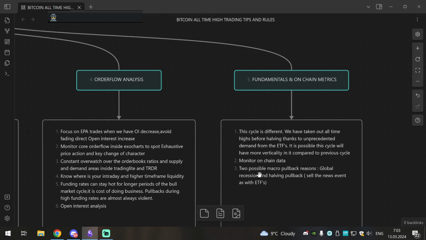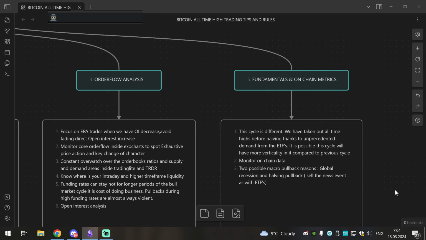And I just want to mention 2 possible macro pullbacks which we might get in the next few weeks or months. It's just an idea. A global recession would definitely not help Bitcoin, so this would be one reason for a pullback. The second pullback you can watch in a few weeks is going to be the halving pullback, because now the world is buying Bitcoin because they know the halving is going to decrease the supply, so everybody's buying.